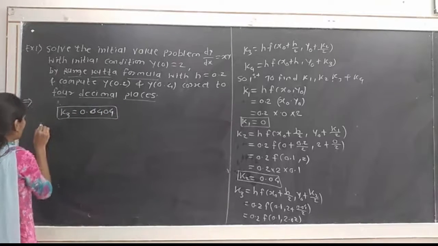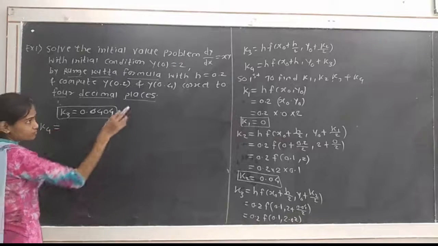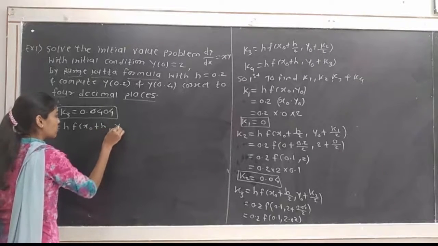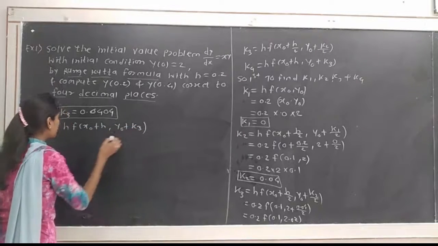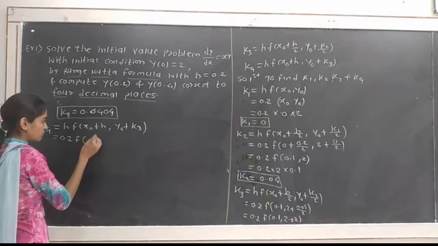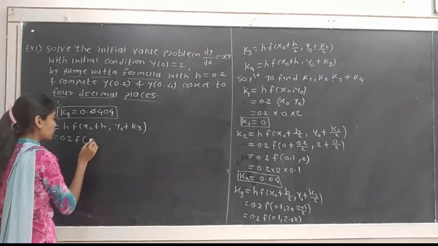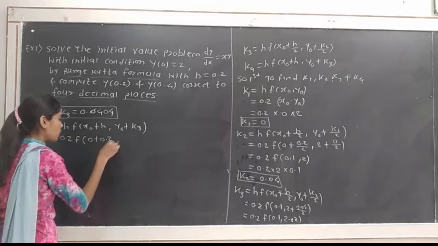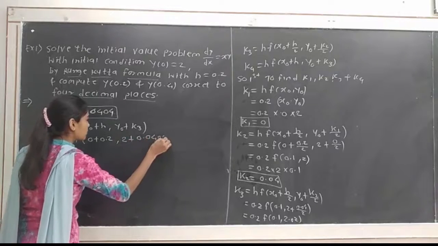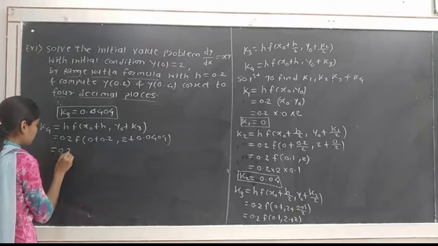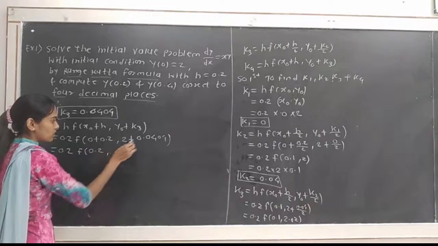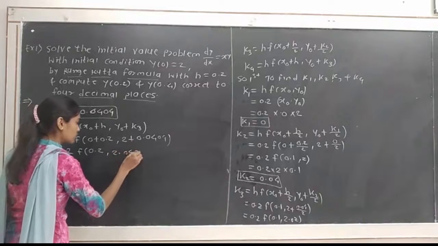Then next we find the value of k4. The formula for k4 is h f of x0 plus h comma y0 plus k3. Again we put in the values, so h will be 0.2, x0 will be 0 and h will be 0.2, so 0 plus 0.2 comma y0 will be 2 plus 0.0404. So this is equal to 0.2 f of 0.2 comma 2.0404.